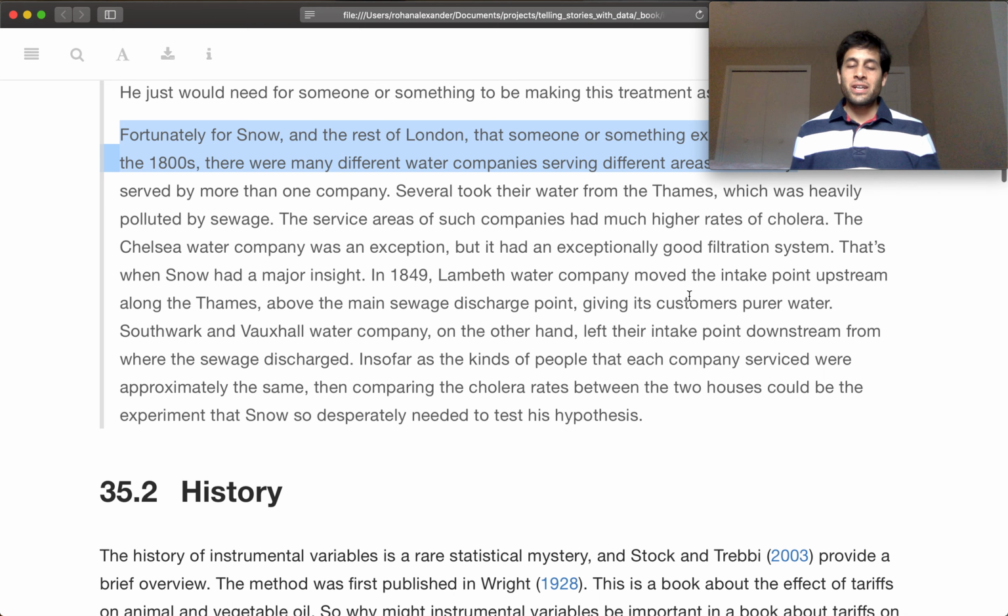And so it turned out that different companies had different rates of cholera. It's that difference that we're able to exploit, because one of the companies changed where they were getting their water from.